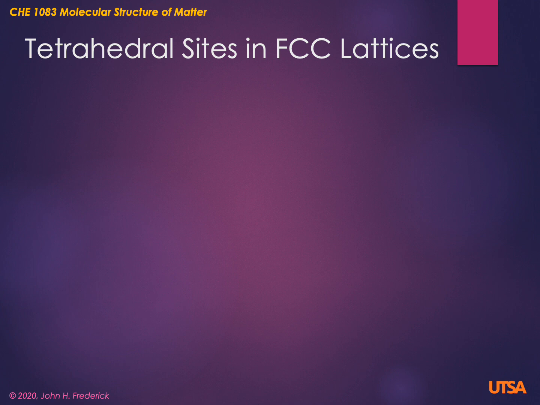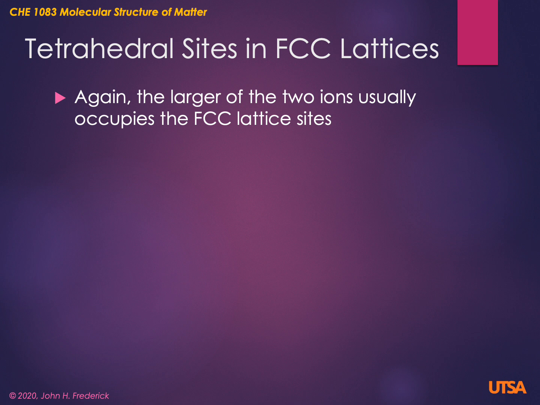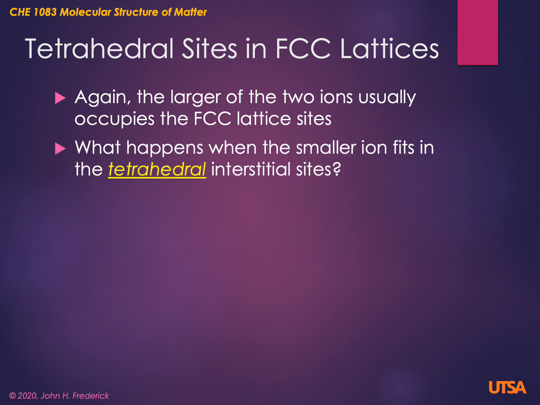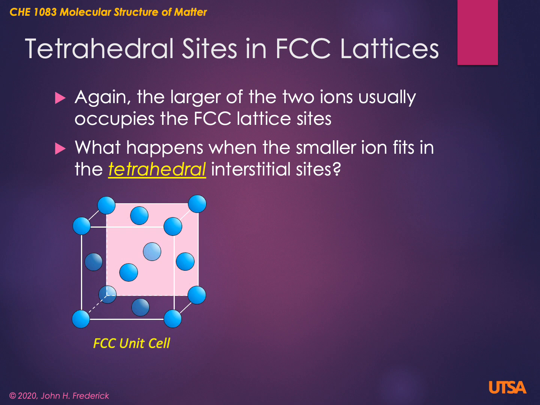Now, what about tetrahedral sites in face-centered cubic lattices? So again, we're going to put the larger of the two ions at the lattice sites, and the smaller one at the tetrahedral sites. So here again is our face-centered cubic unit cell, and we once again put the grid in here. Now, where are the tetrahedral sites? Well, they're actually at the center of each of the smaller cubes inside this unit cell.